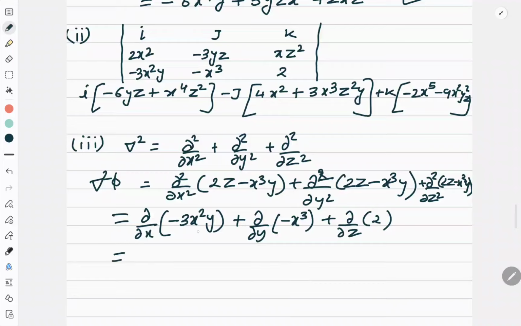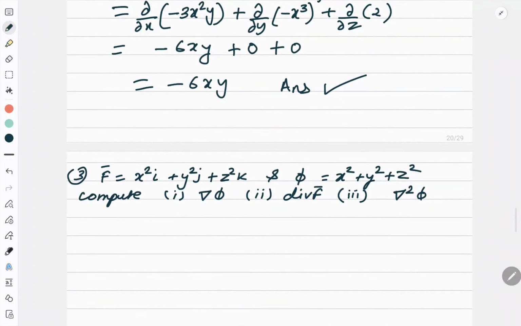One more time, this will become minus 6xy plus 0 plus 0. So the answer is minus 6xy. And we are done. Understood?